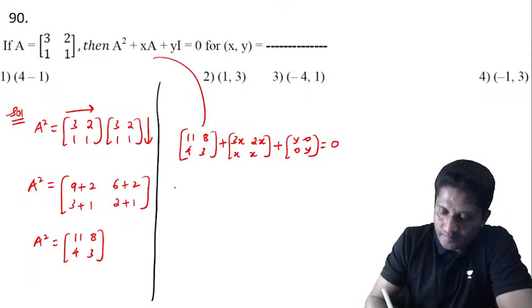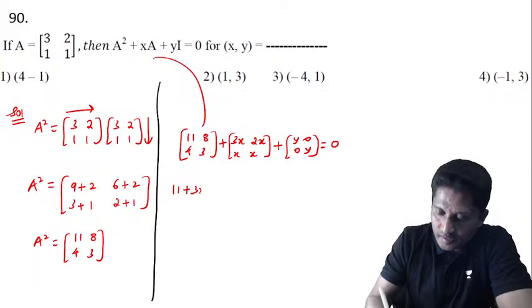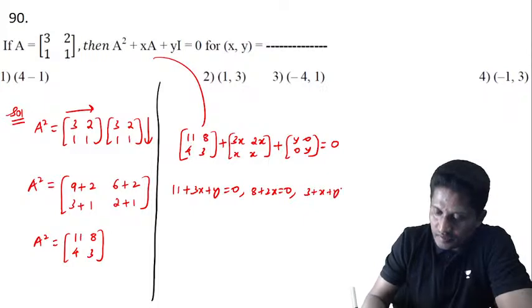Now if I add, you get 11 plus 3x plus y is equal to 0. 8 plus 2x is equal to 0. Okay, and then 3 plus x plus y is equal to 0.